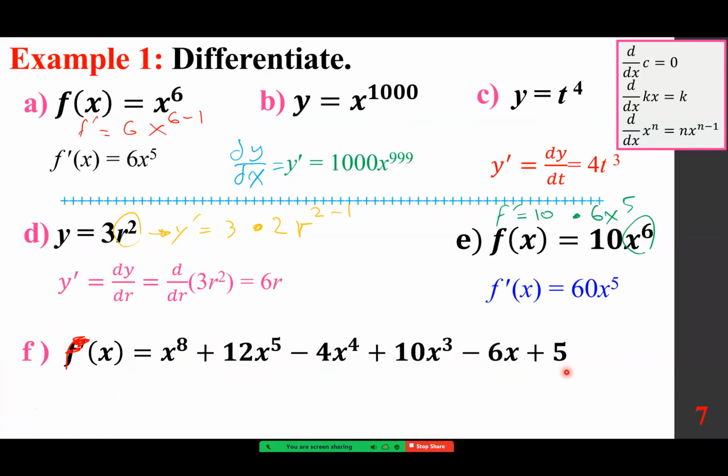So that's f of x. And we want to find f prime of x.